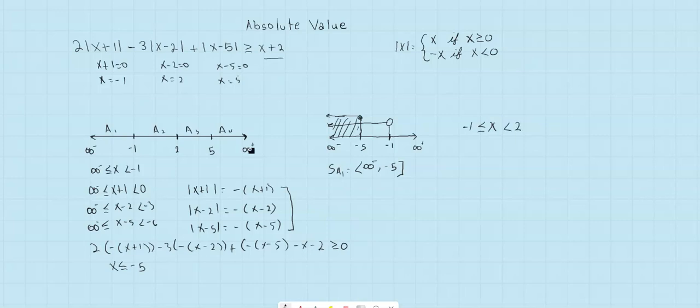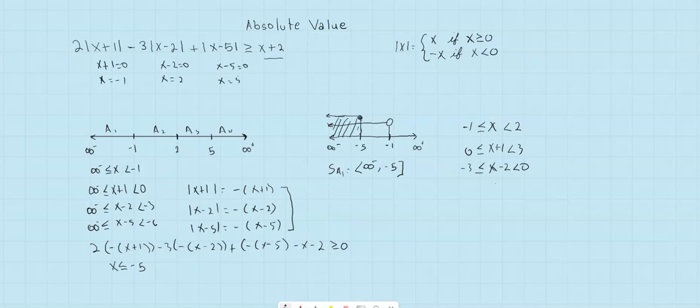So bring your absolute values again. X plus 1: if you add 1 to 2, that'll be 3, and if you add it to negative 1, it'll be 0. You get x minus 2: minus 2, this will be 0, and if you add negative 2 to negative 1, you get negative 3, greater than or equal.